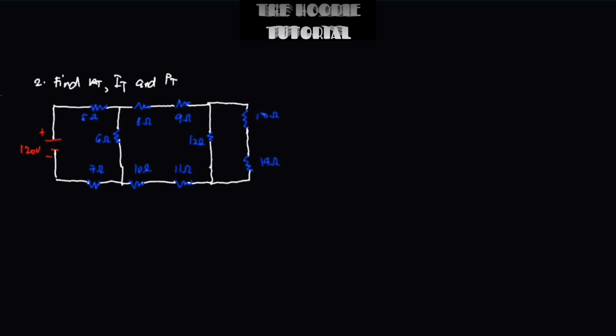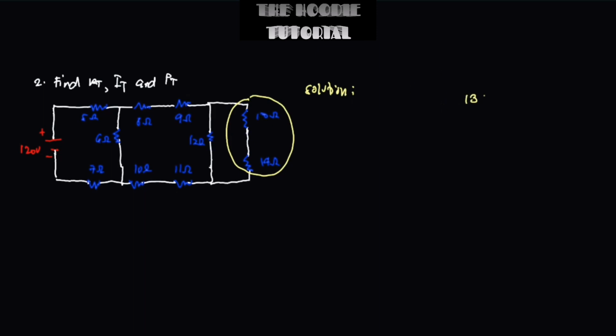So first thing, we need to find RT. So let's put the solution. First thing is that we need to look at this region. This is a series circuit, so we can just add up directly.